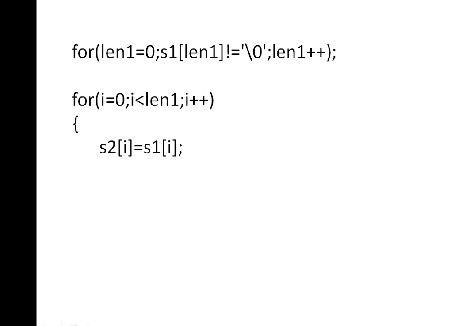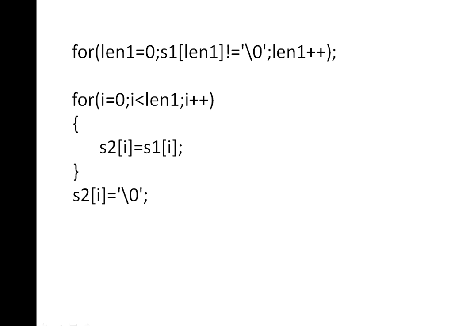So I copy s1 of 0 into s2 of 0, s1 of 1 into s2 of 1, s1 of 2 into s2 of 2, s1 of 3 into s2 of 3, and so on. Until I have the input, we copy s1 into s2, and at the end we append slash 0.